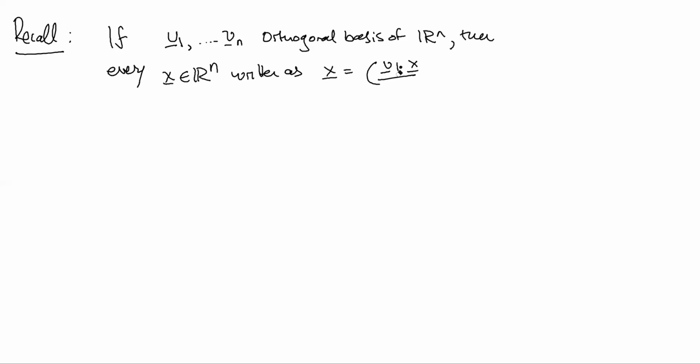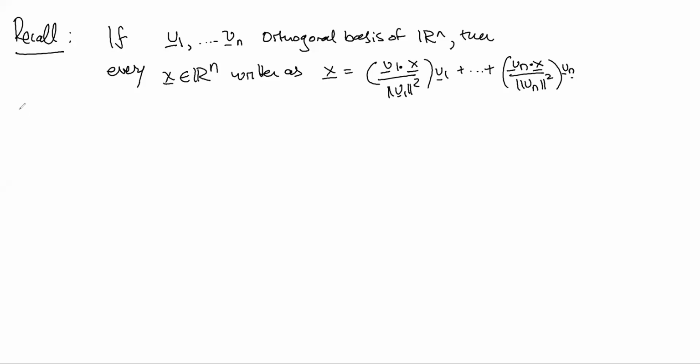So the Fourier series is a generalization of this fact to this new setting of V pi.